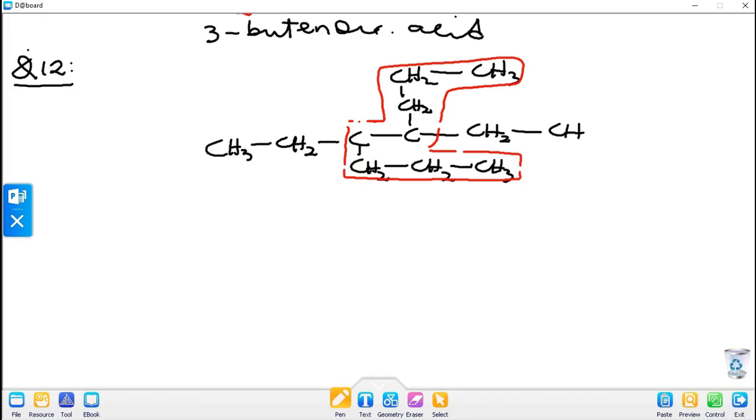So we can see we are having 8 as the longest continuous chain. We are having 8 continuous chain as the longest chain.